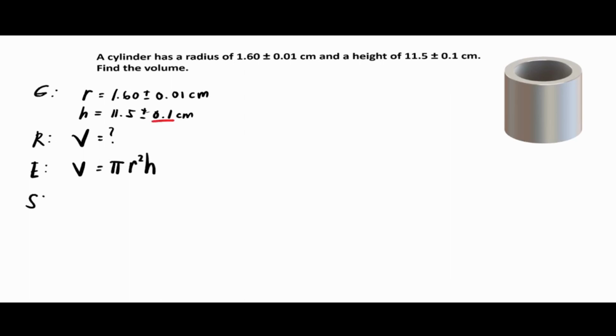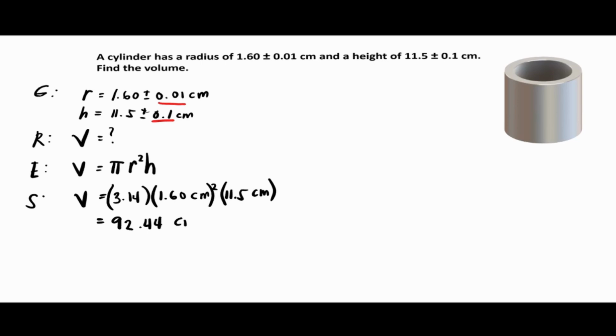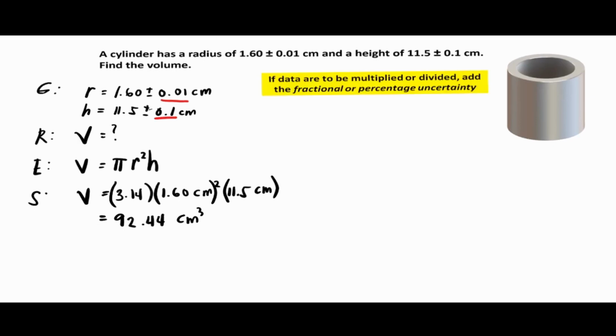So we plug that into our solution. Volume is equal to 3.14 times 1.60 centimeter squared times 11.5 centimeter. So we get the answer 92.44 cubic centimeters.